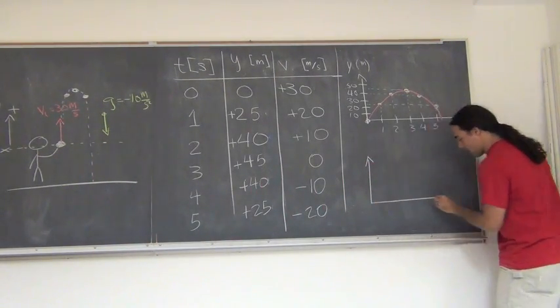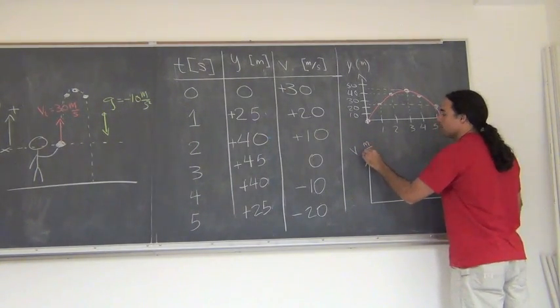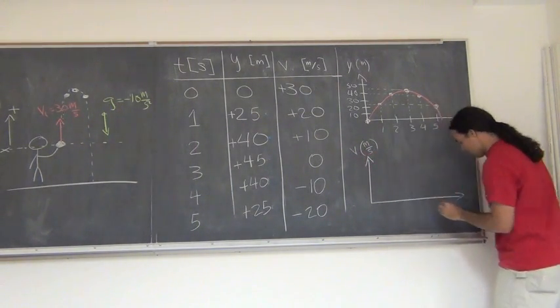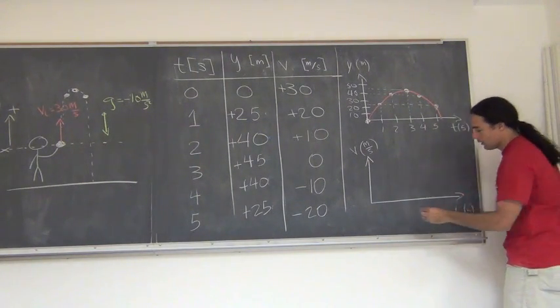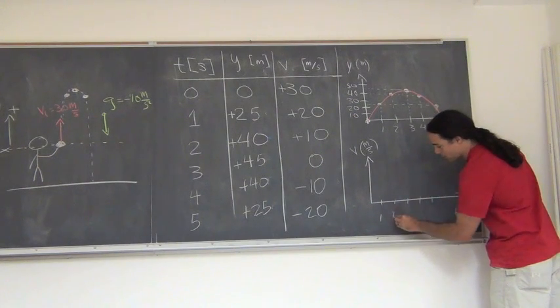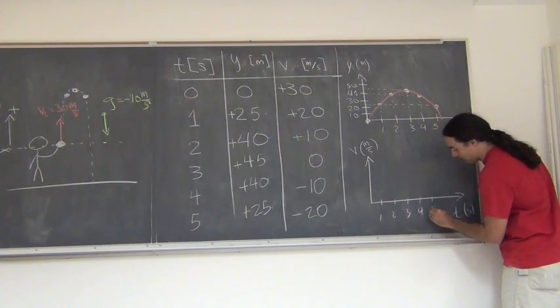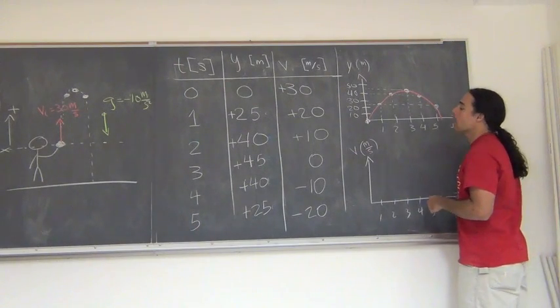We're just going to make a plot of velocity in meters per second as a function of time in seconds. Again, we're just going to put our 5 time units down here, 1 through 5.